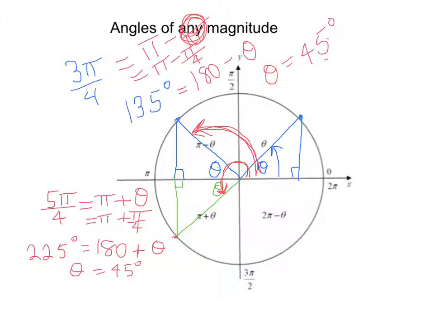And then just the same in the fourth quadrant there. If we were to reflect this point down here, we'll have another congruent triangle, and then theta would be this angle here, but the angle that we want, remember, positive angle is measured anti-clockwise from 0, so we're going all the way around here.